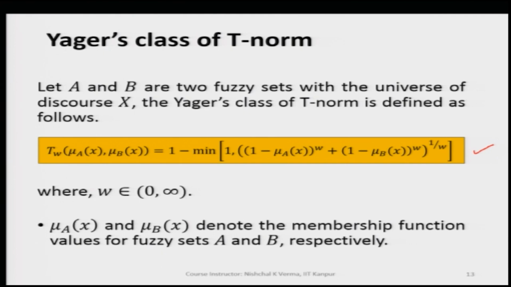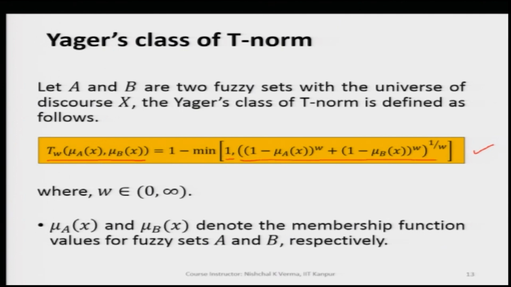So, we can say that T W of mu A x and mu B x here is equal to 1 minus min of 1 and (1 minus mu A of x) raised to the power w plus (1 minus mu B x) raised to the power w, and then the whole raised to the power 1 over w, you can see here.